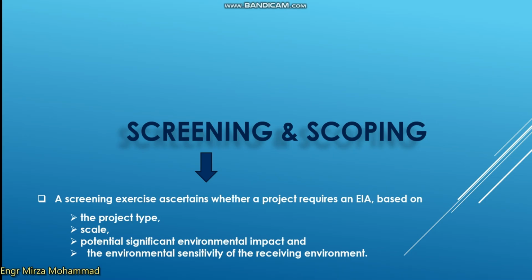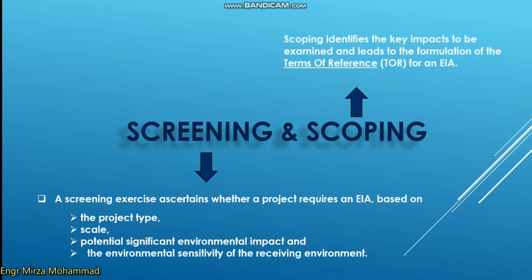Now, let us know about scoping a bit. So previously, we have learned that after screening, we go to the scoping process. Scoping identifies the key impacts which are to be examined and leads to formulation of TOR.